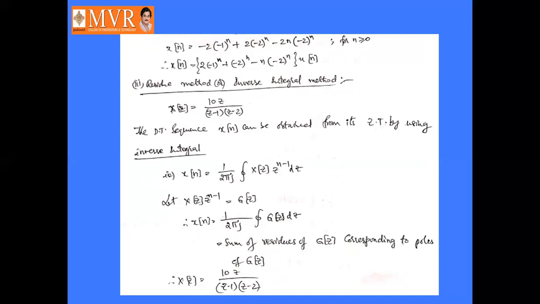The inverse integral is x of n equals 1 by 2 pi j into the integral of X of z into z power n minus 1 dz.